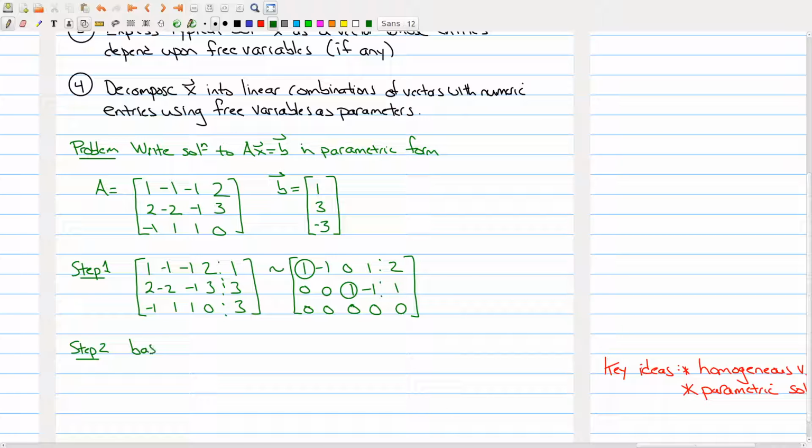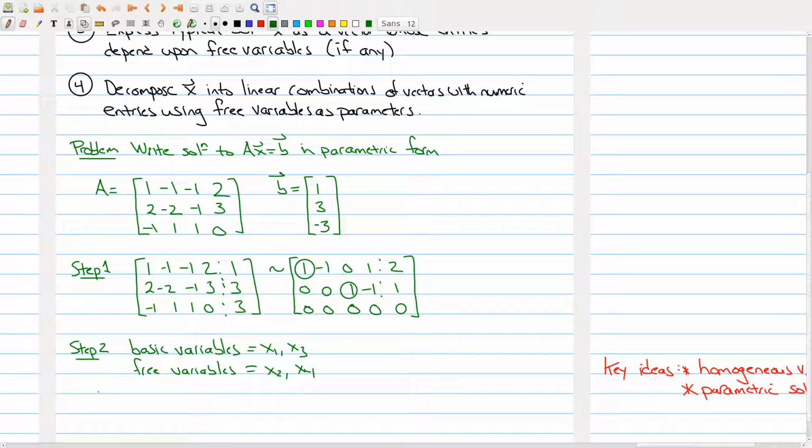So my basic variables are x1 and x3. That means my free variables correspond to the remaining variables, so they're x2 and x4. I'm supposed to write my basic variables in terms of my free variables.